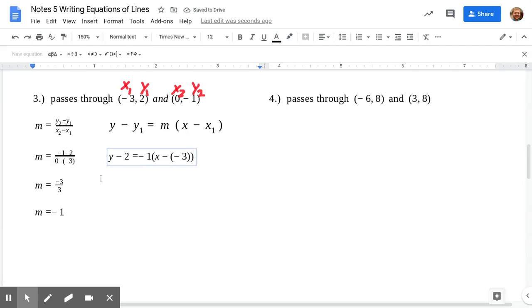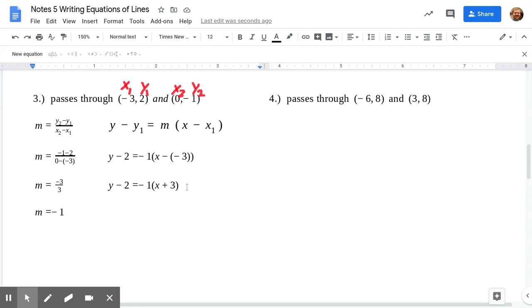So we do need to distribute through the parentheses. However, a good thing to do would be, let's rewrite this equation without the minus negative. So when we do that, we will have x plus 3 inside the parentheses instead, which is going to make it a lot less confusing when we distribute by this -1, which is what we need to do next.